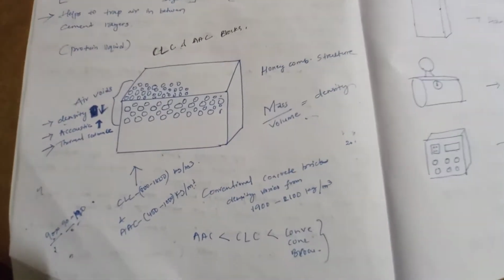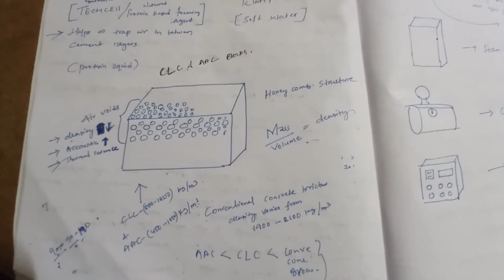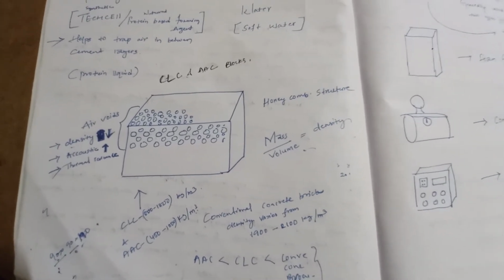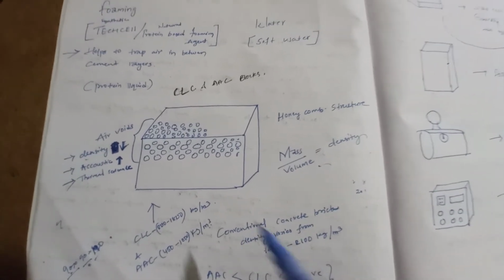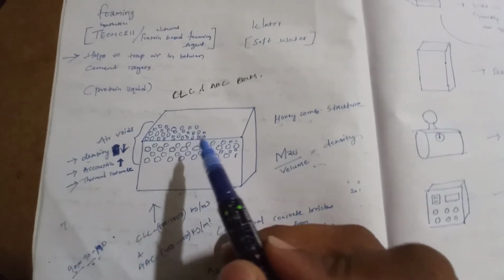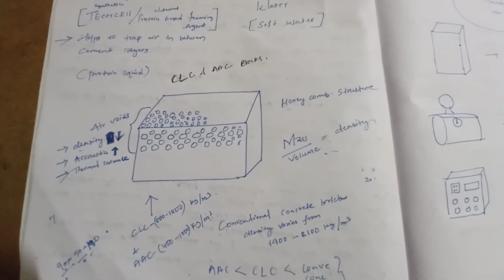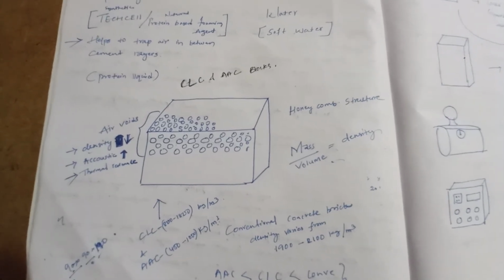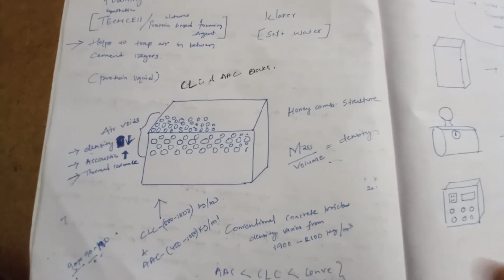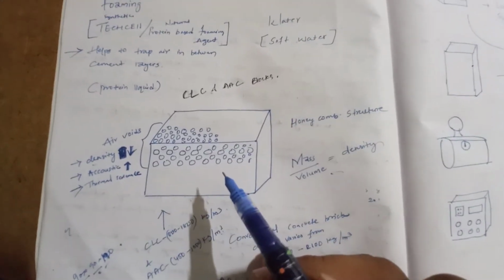That is the reason people use AAC blocks or CLC blocks. They also have very good acoustic properties, mainly because these voids do not let sound penetrate from outside to inside or inside to outside. They also have thermal resistance.